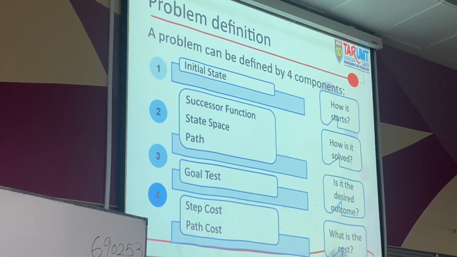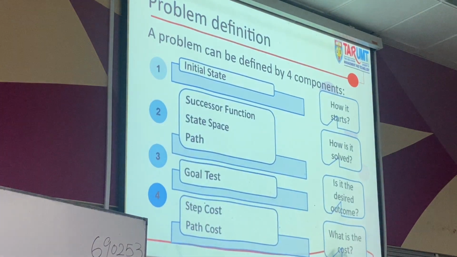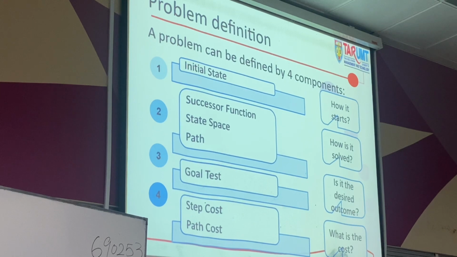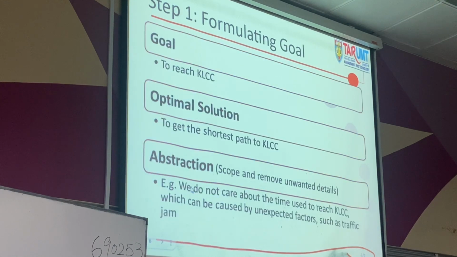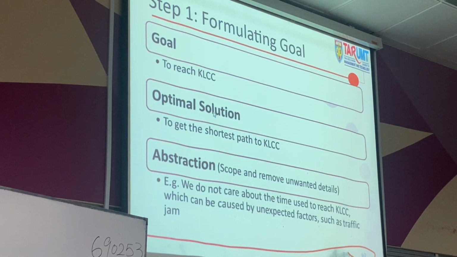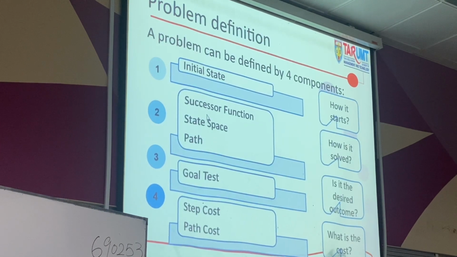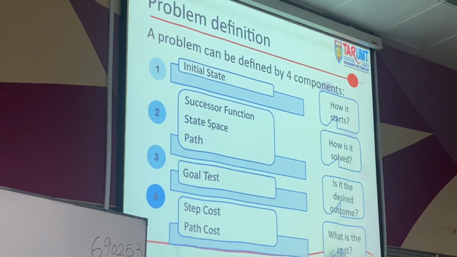Okay, we have a step cost. Step cost is the cost from one state to another state. So from one state to another state stands for step cost. And the step cost is defined by you also. It depends on the optimal solution. If your optimal solution is about time, then the unit for the step cost is maybe seconds or minutes.